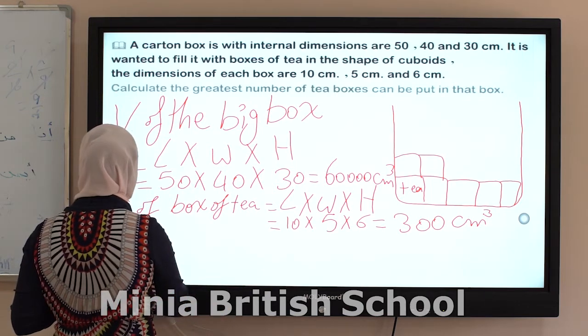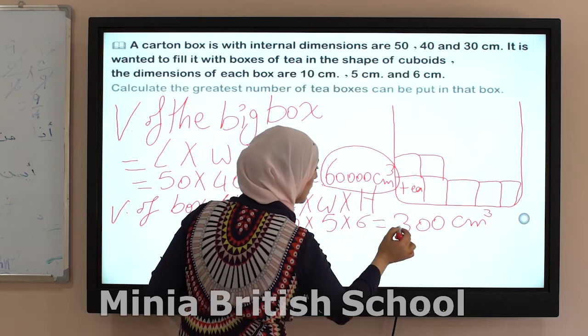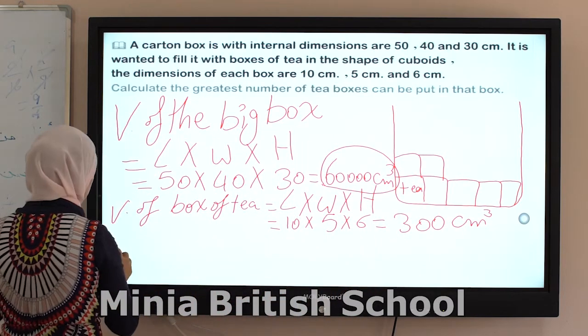So to know, I will divide this volume divided by this one.